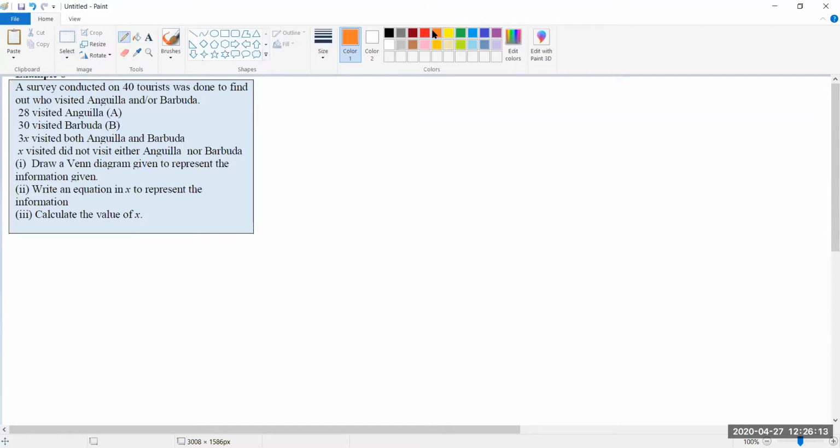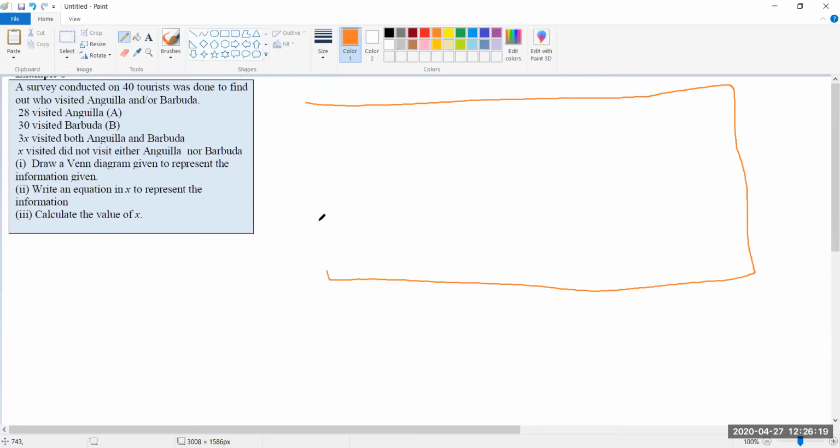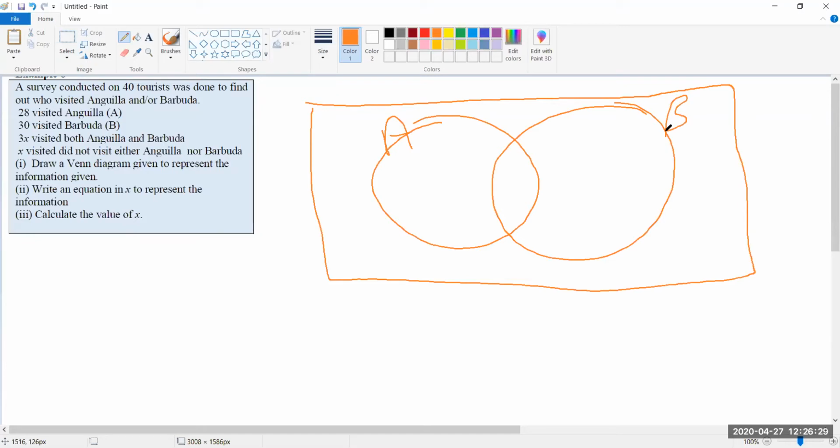So in our Venn diagram, we draw a Venn diagram. A for Anguilla and B for Barbuda. Of course, they have something in common because how many visited both islands? 3X, right? So 3X goes in the middle here. And how many visited Anguilla alone? 28.